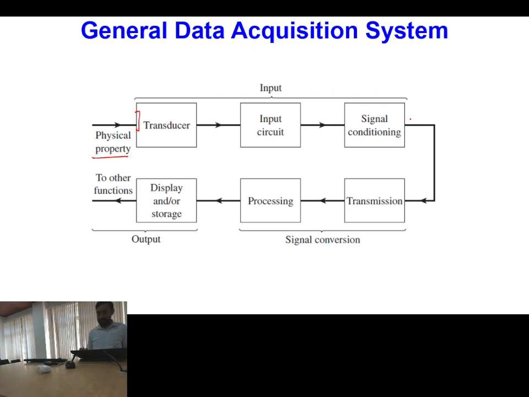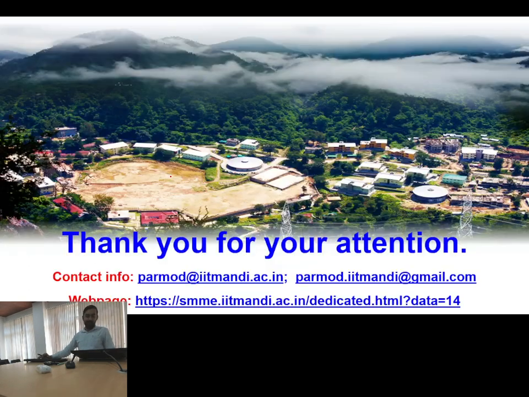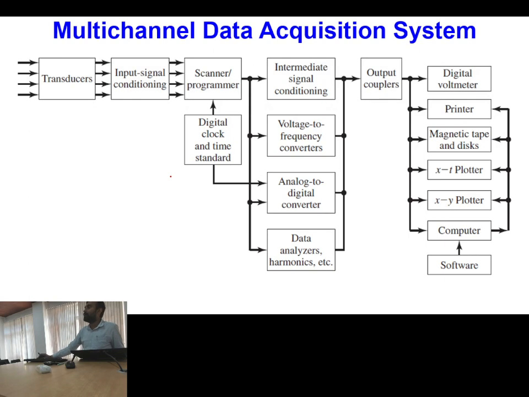After signal conditioning, you get some output which is transmitted to the processing unit, and ultimately you get a display of that output. If you have a multi-channel system, then the whole system is repeated for multiple channels, and you need to perform that simultaneously.